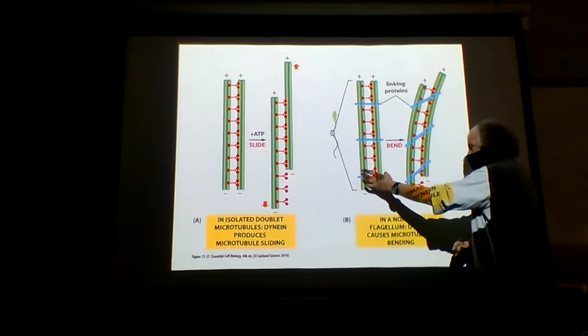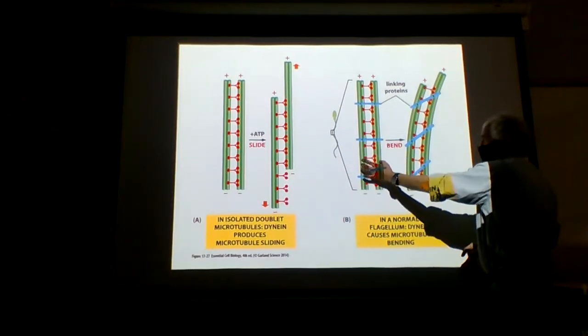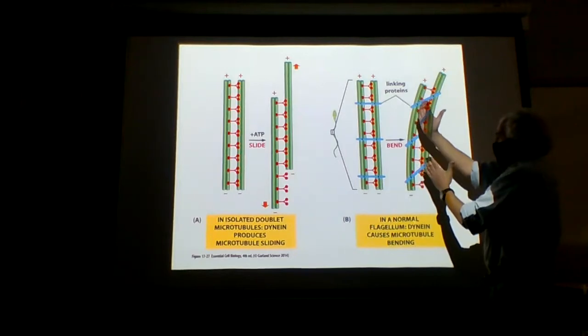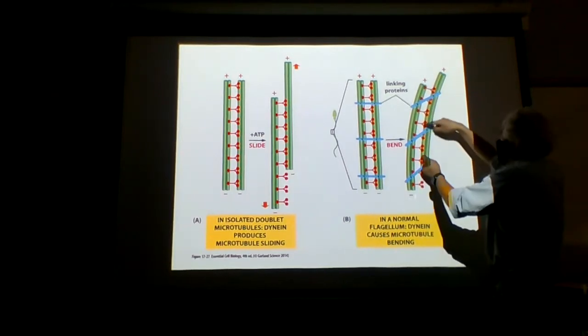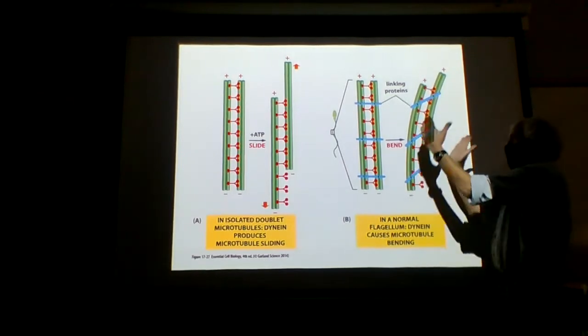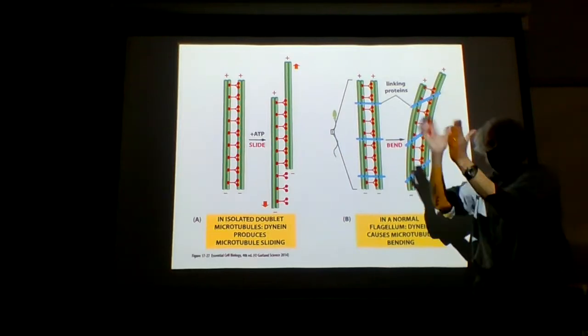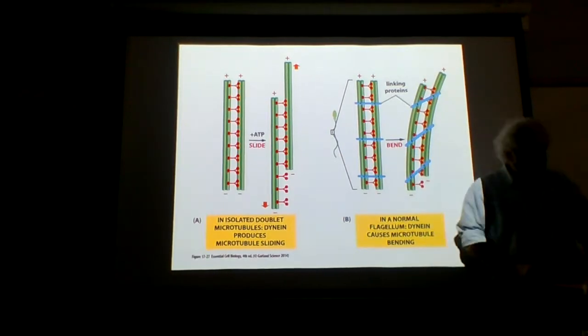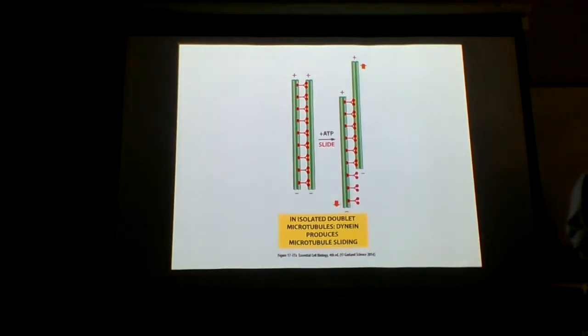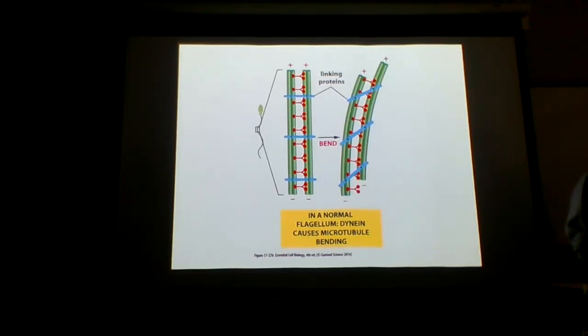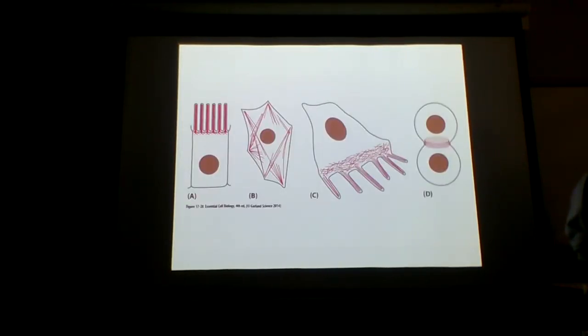But with a connecting protein between the two microtubules, as they slide, one end is anchored, one end is moving, the whole thing will bend. And then you can bend back and forth. And so this allows for the whipping action back and forth of the flagella.